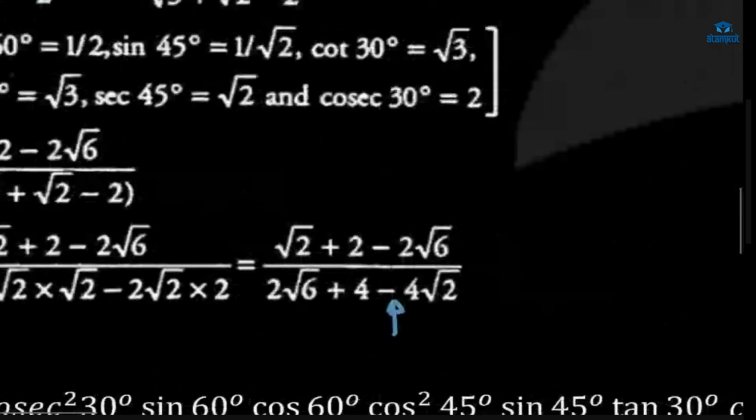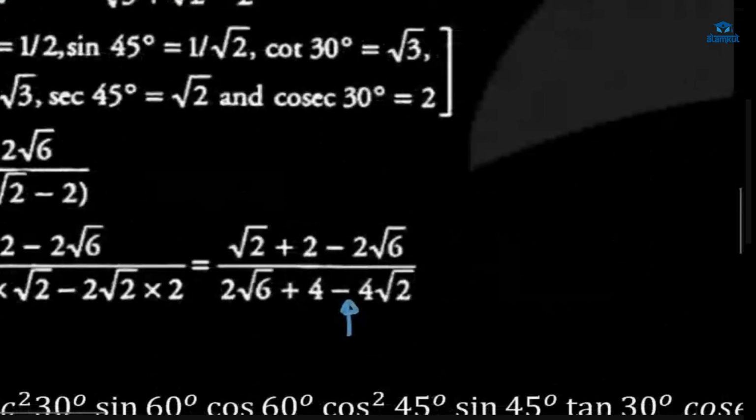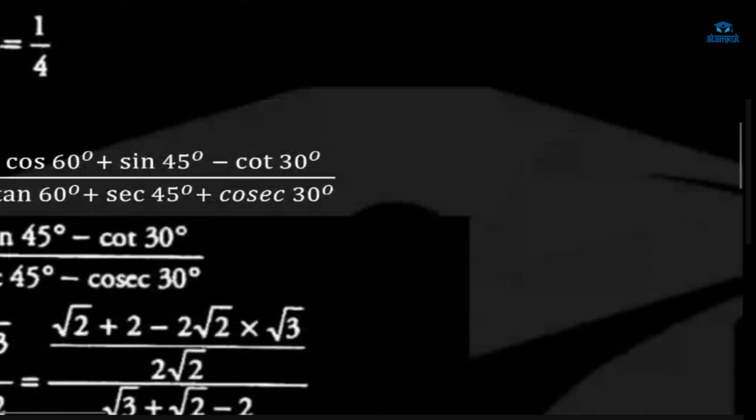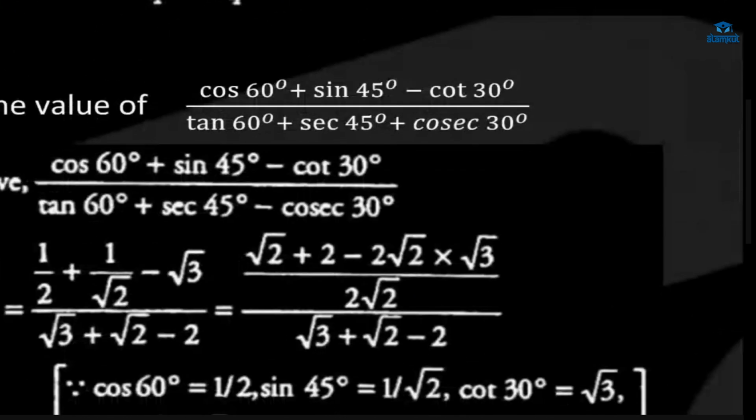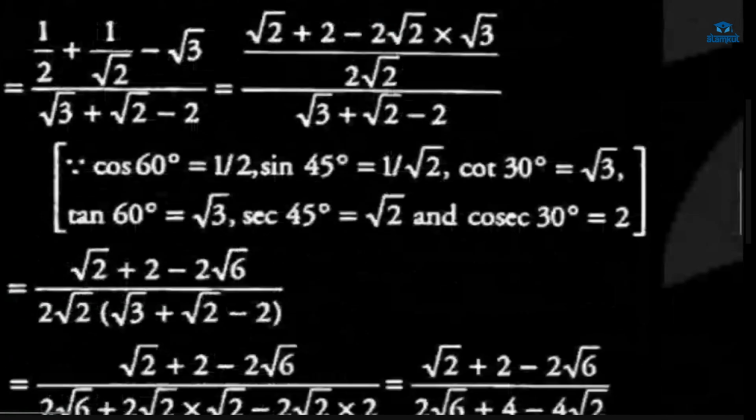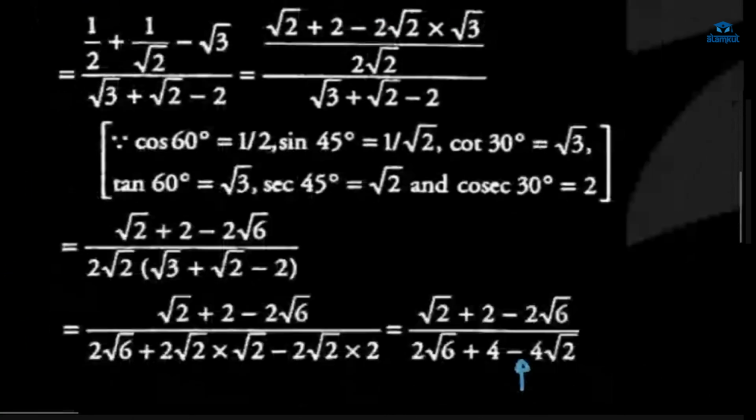Okay, according to the question we have done it correctly. But I think there is some printing mistake, that he or she has written positive here instead of negative. But according to the question that we have noted down, our answer is absolutely correct. Okay, fine.